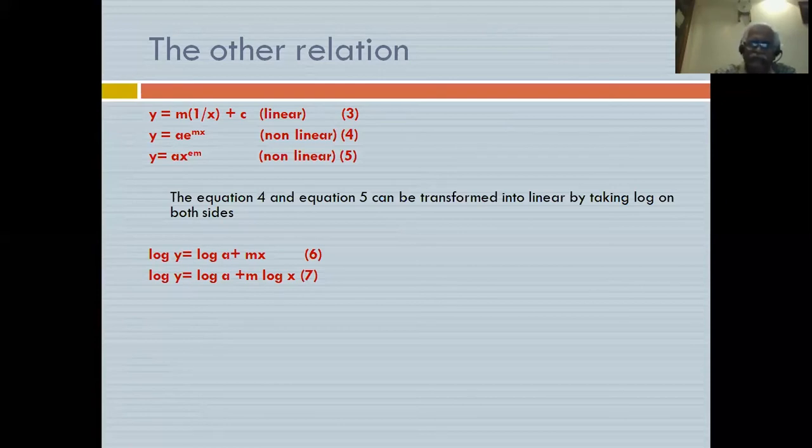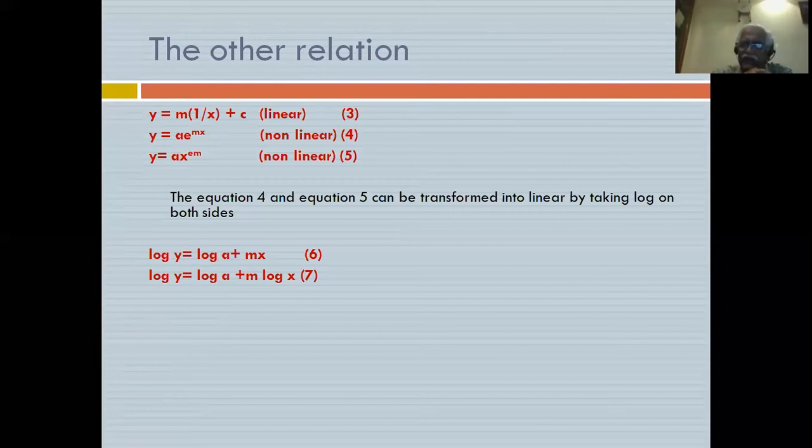Similarly, y equal to a x to the power m: if we take log y, then log a plus m log x is equal to 7. In the case of the fifth non-linear equation, it is transformed to the logarithm scale as equation number 7. So a non-linear equation can be transformed with logarithms.